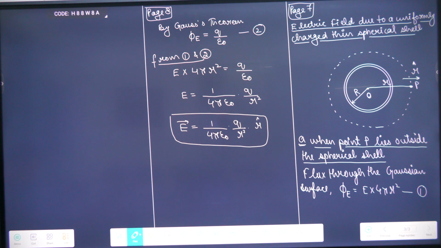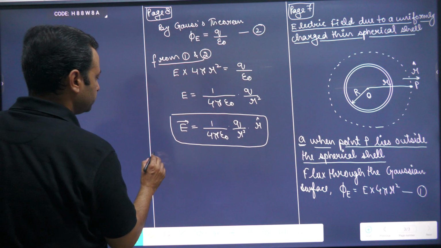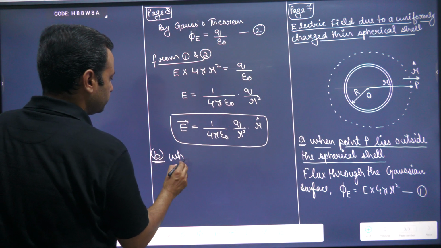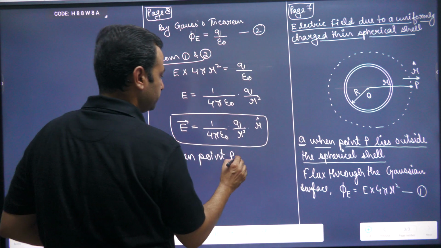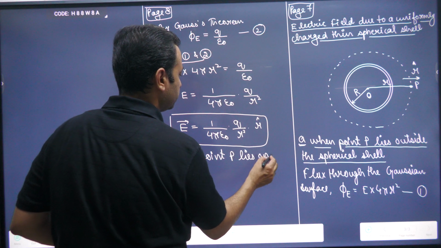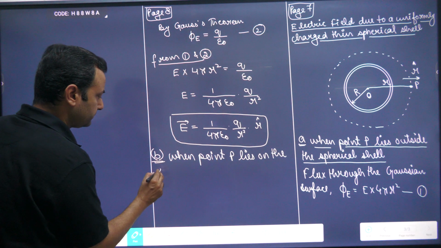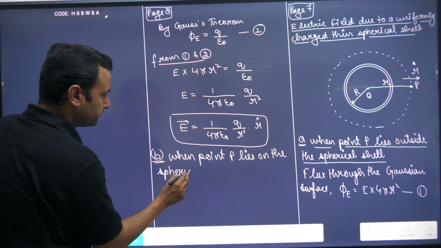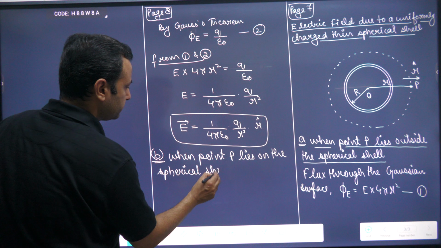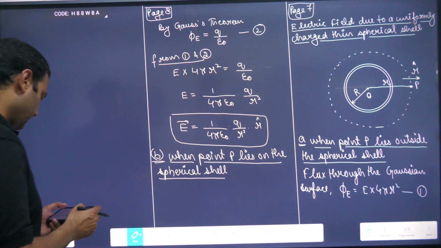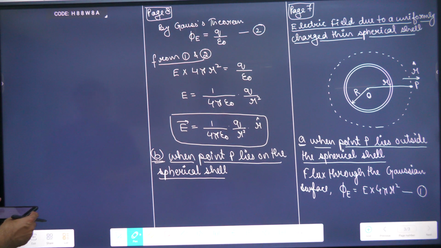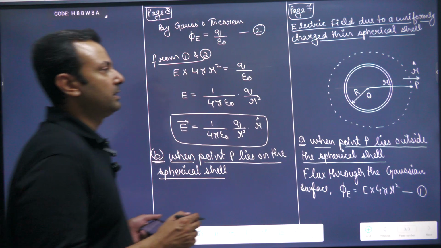Now, B part is when point P lies on the spherical shell.